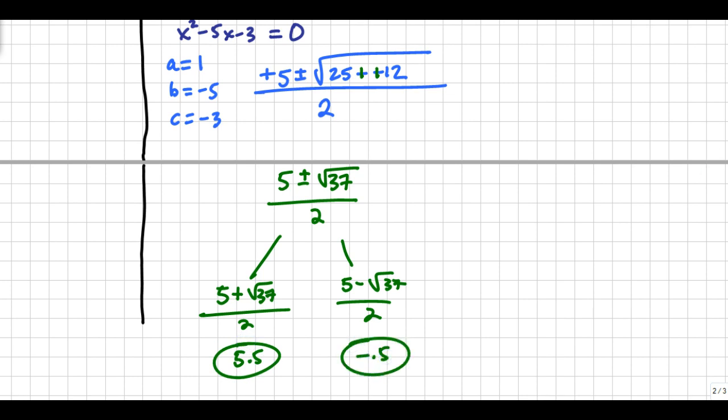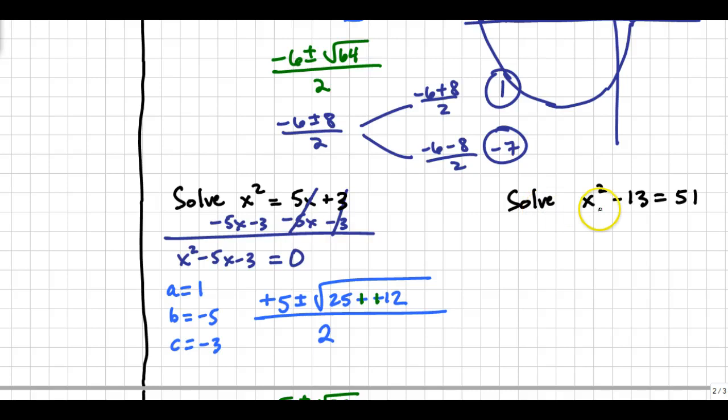So we have one more question we're going to do, and that's this question here on the right. Notice the difference between this one and the one next to it. The one next to it had an x squared and an x, so we had to use the quadratic formula to solve. This one, we don't need the quadratic formula. We can solve using algebra. So I want you to watch out for that when you're working through a problem.